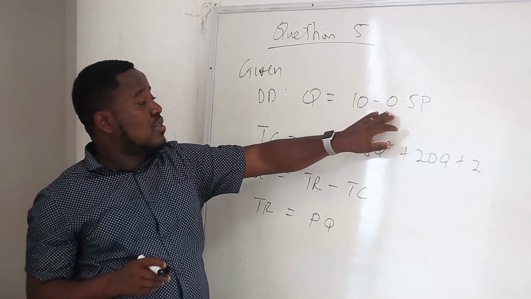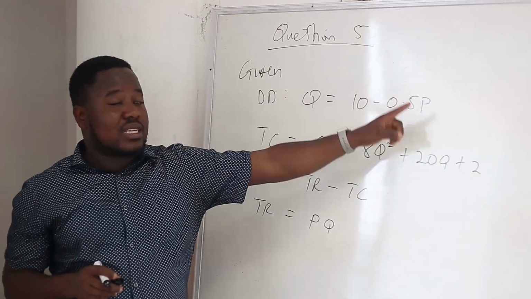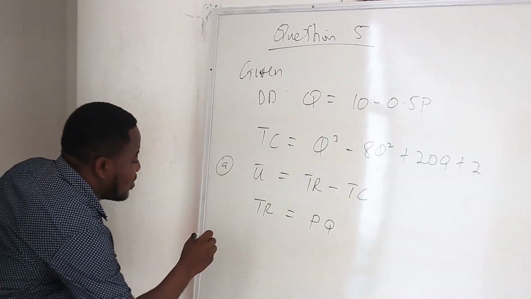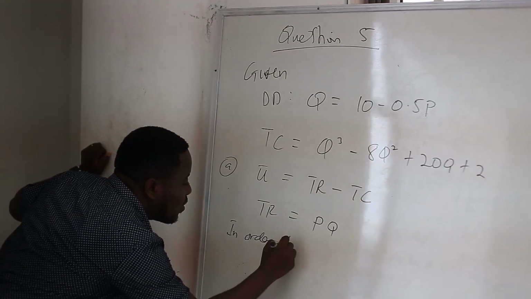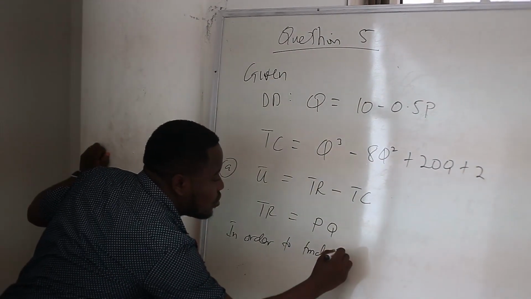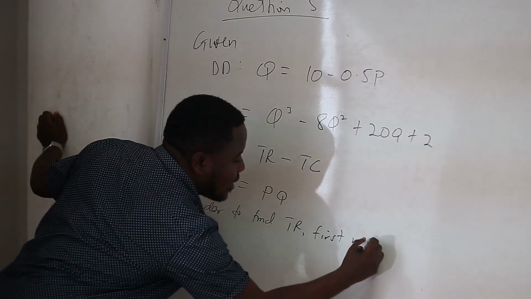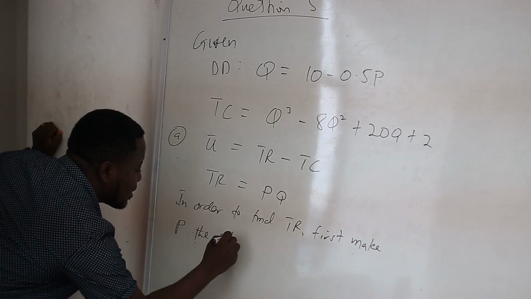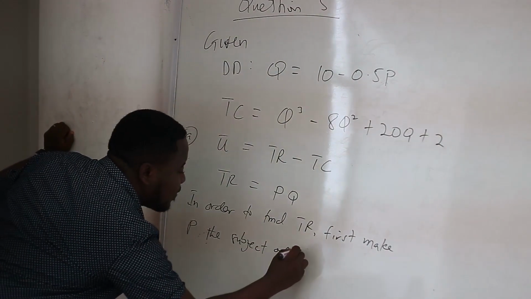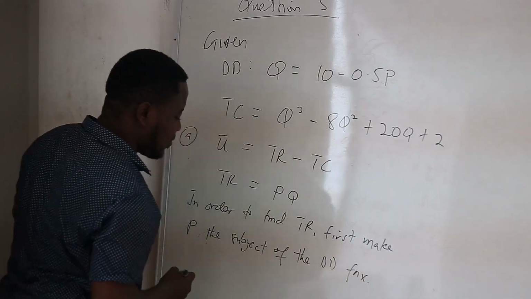Making P the subject means we are going to write P is equal to everything else. So in order to find total revenue, first make P the subject of the demand function.